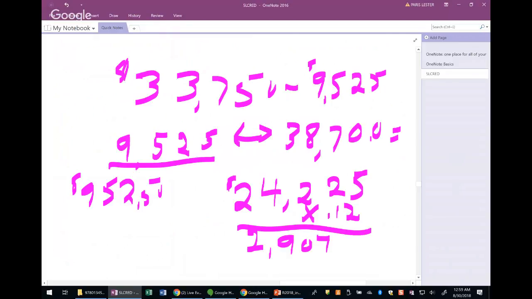All right, now we're going to add that to the other tax. We're going to round off to the nearest dollar. Is that correct? 3,860?